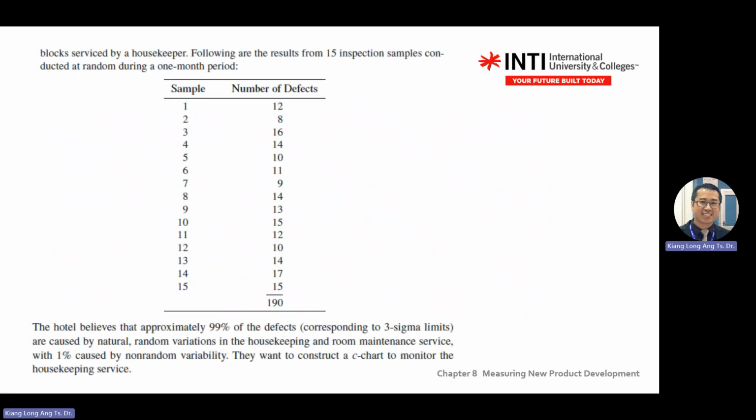Following are the results of 15 inspection samples conducted at random during a 1 month period. So you are given a defect table. So 15 inspections were done at random during a 1 month period.